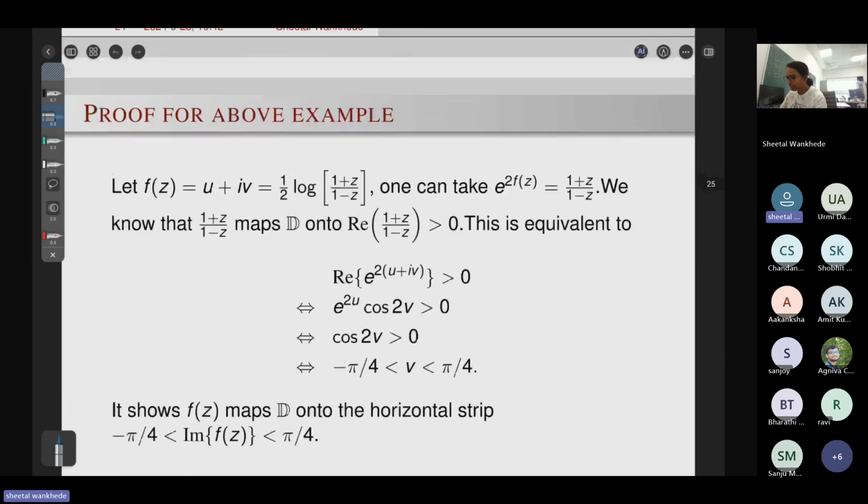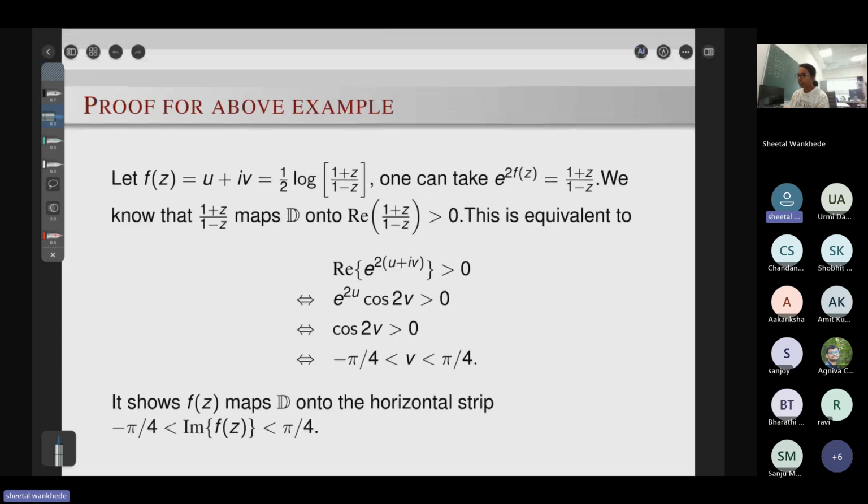We can see the proof: we choose this function as 1/2 log of (1+z)/(1−z), take log on this side, and we can simply see this calculation.